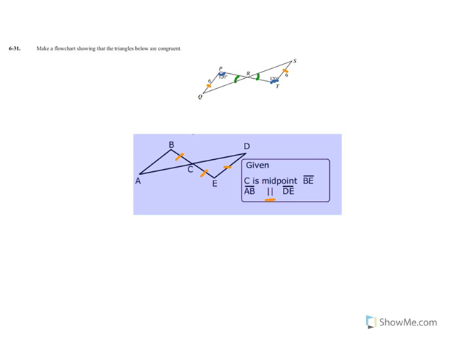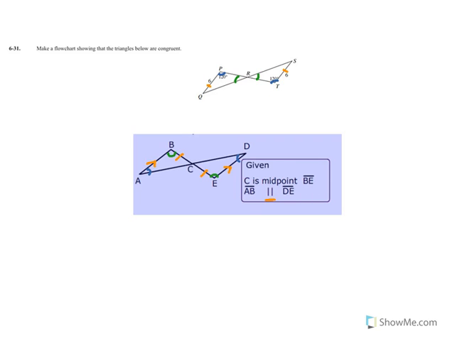So we can actually denote that with these lines that say they're parallel, right? So if those are parallel, we know that this angle is congruent to this one. We also know that D and A are congruent. So I also have angle, angle, side. I just have them in different locations here.